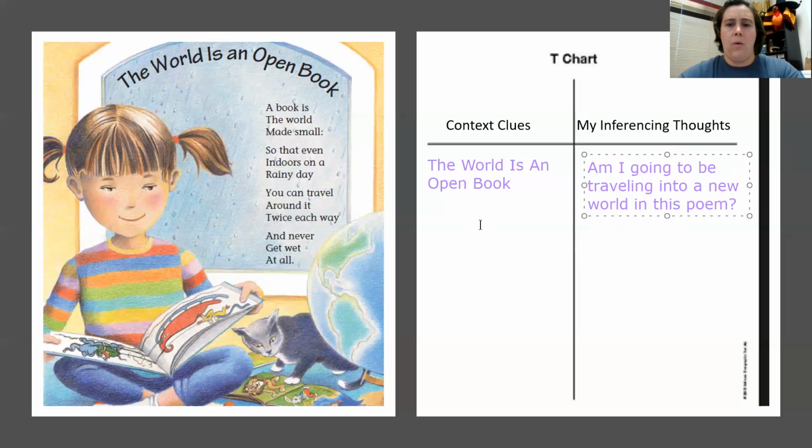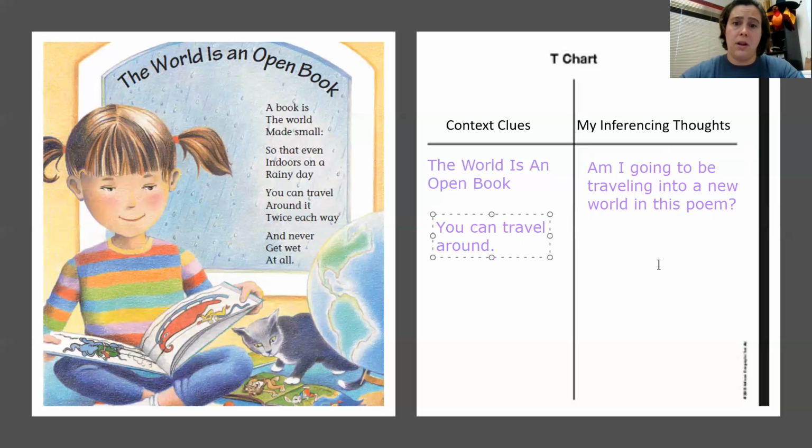Oh, well, I'm going to go ahead and write this. All right. So you can travel. You can travel around. So basically, it's telling me that books open the world to us.